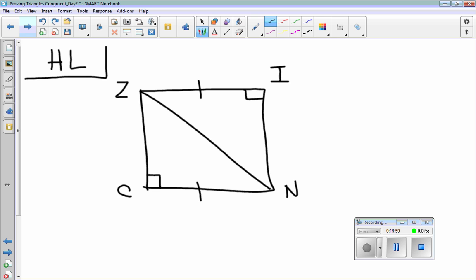I know I want to use HL. This picture with HL. Do I have two triangles? Are they both right triangles? We know that to be true.